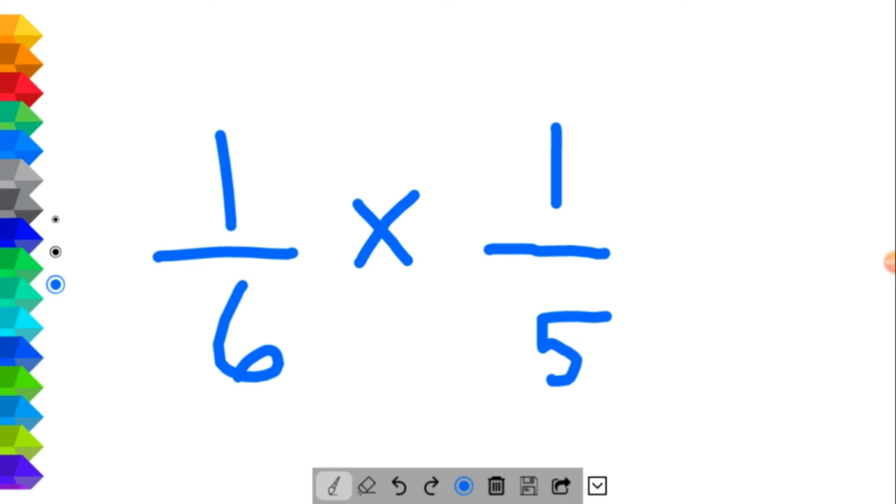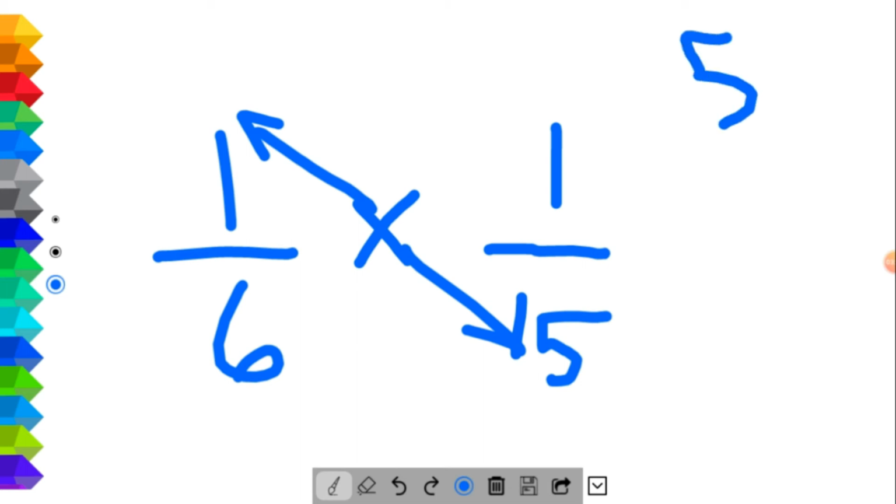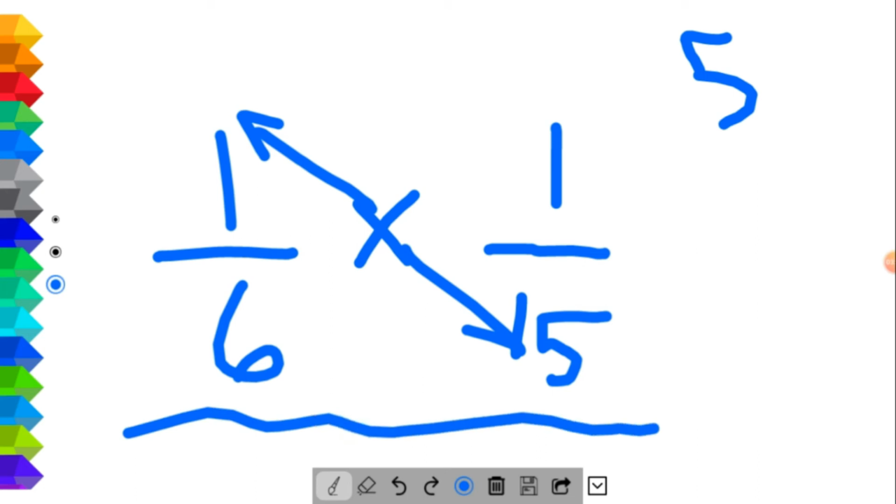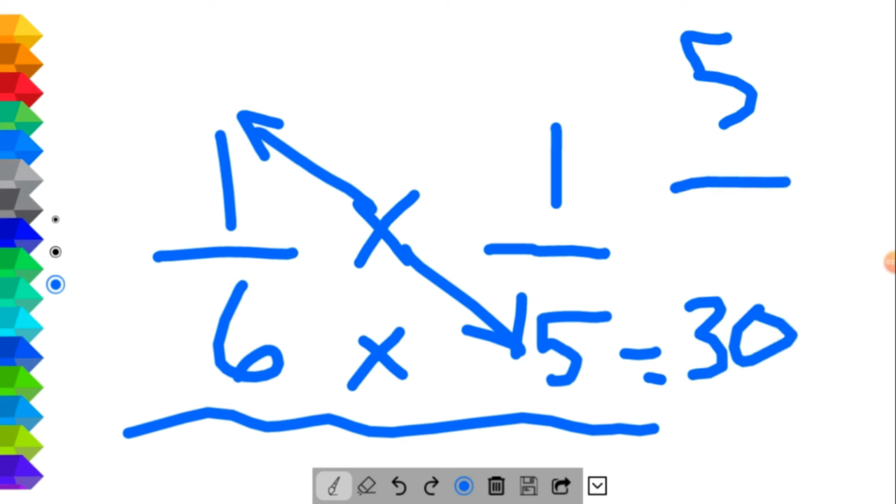You would do 1 times 5, which, if you can do this in your head, would be 5. You can see that the denominators of these two fractions are 6 and 5. So then you would multiply the denominators together to get 30. So then you get 5 over 30.